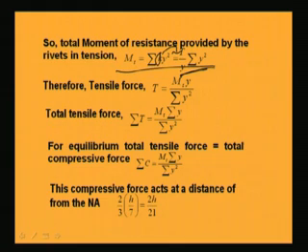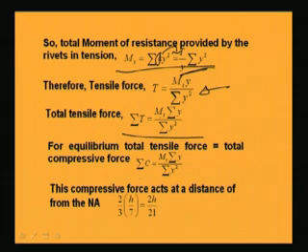And similarly, the tensile force can be found from this formula, that M_T y by summation y square. Then the total tensile force also can be found by summing all the moments. So, the total summation will be M_T into summation y by summation y square. Now, from the equilibrium equation we can say that the total compressive force is equal to the total tensile force.